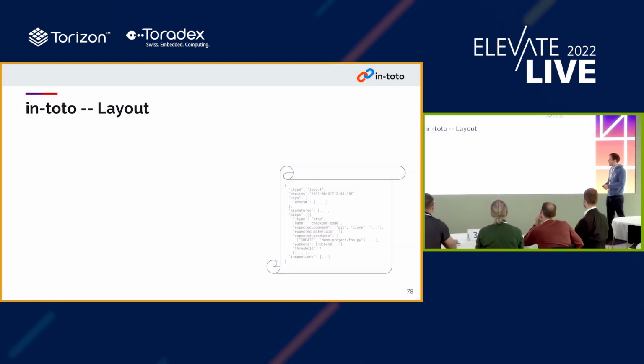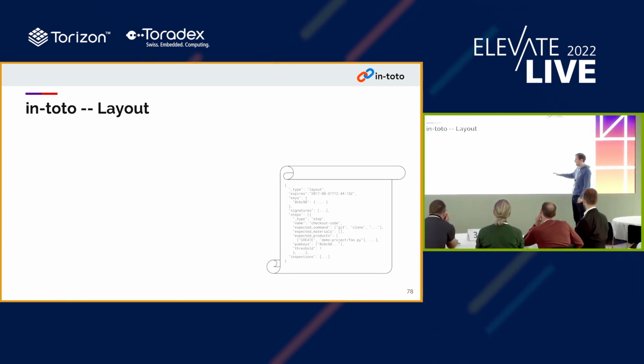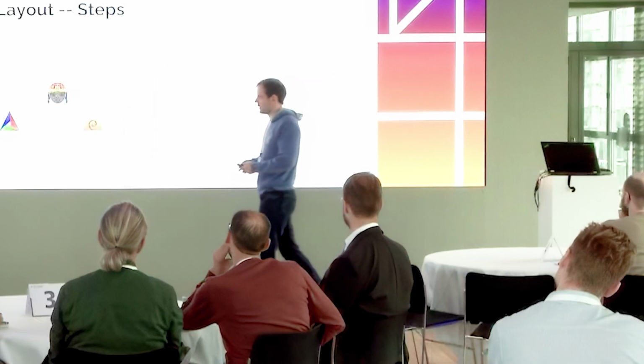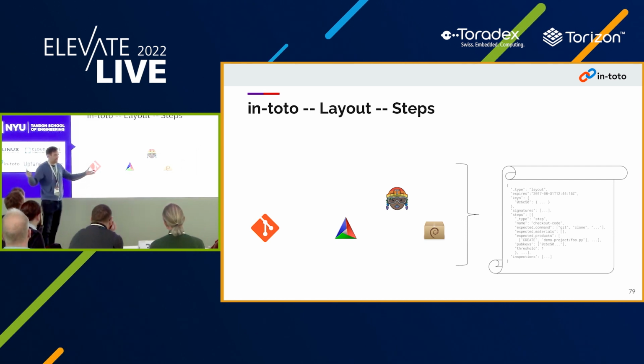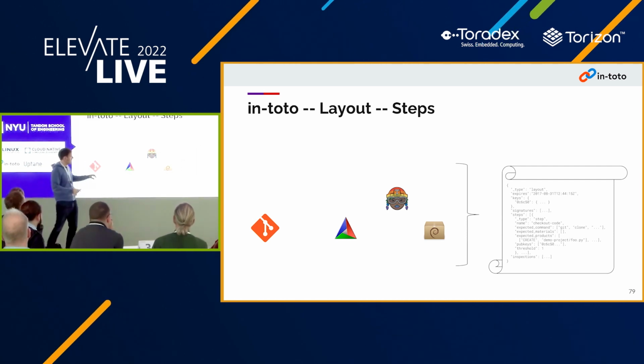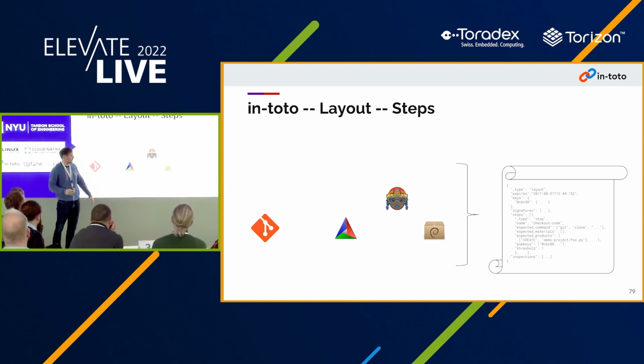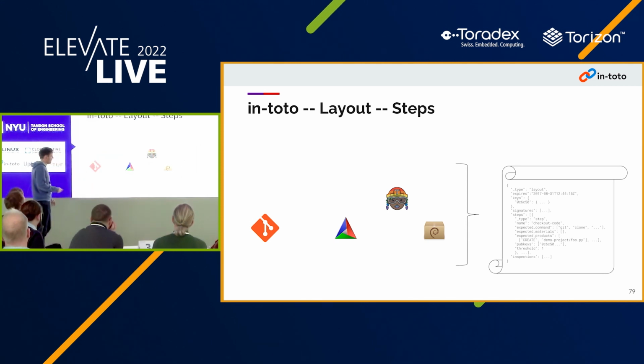So the way this happens is, in in-toto, you have something called a layout. And a layout is kind of like what the SBOM is, to some degree. It describes the different things I have in my environment. I have a VCS, I have a build system, I have packaging, I have testing of different types.